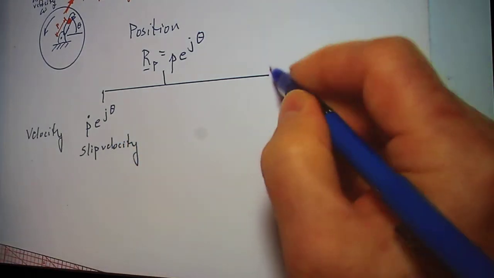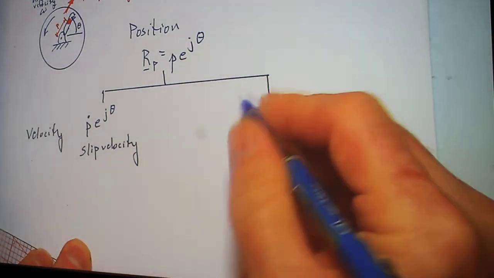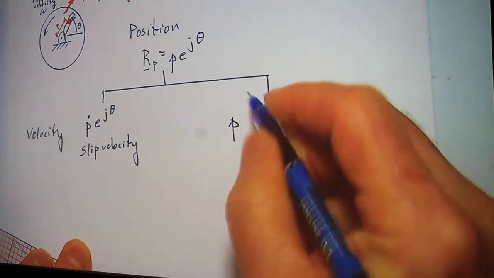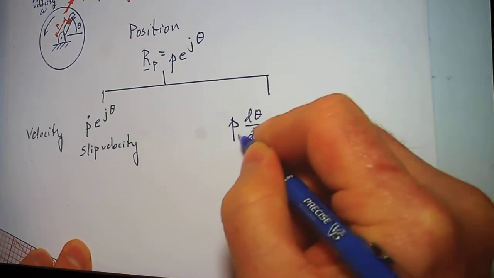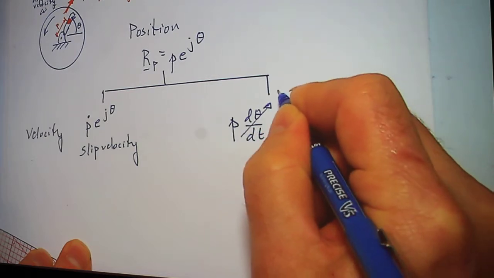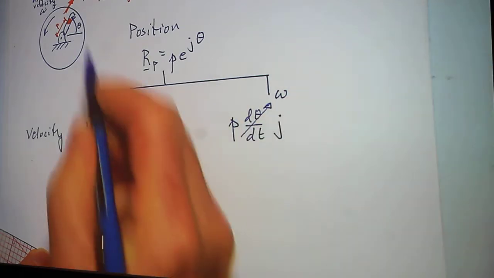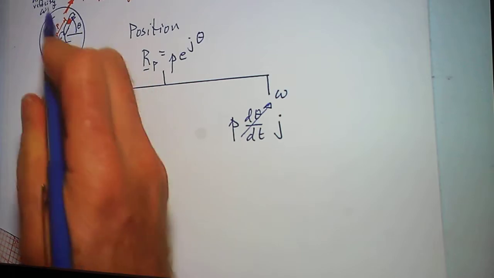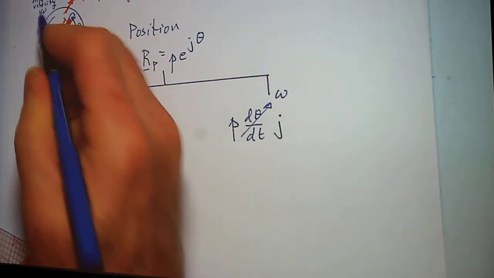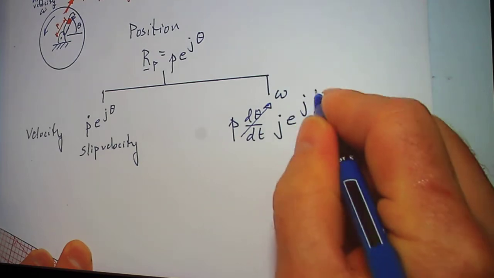And then we have what we had before: take the derivative of this, you get P d theta dt, which we know can be written as omega. And because we are taking this and dropping this down, the tangential component is off in the direction of omega, j e to the j theta.